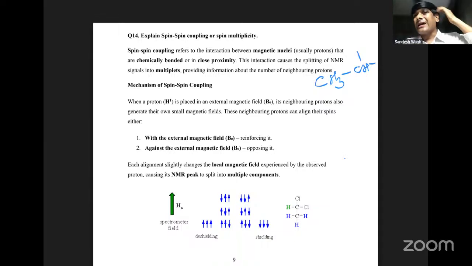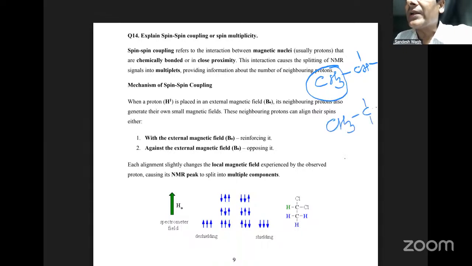Now my target is to study this CH3. Okay. Now another example is this CH3 and nearby there is a quaternary carbon. Now to this nucleus there is nobody nearby, nobody in the sense a proton whose spin would normally interact. So this proton interacts with this proton. This proton does not have any spin nearby.